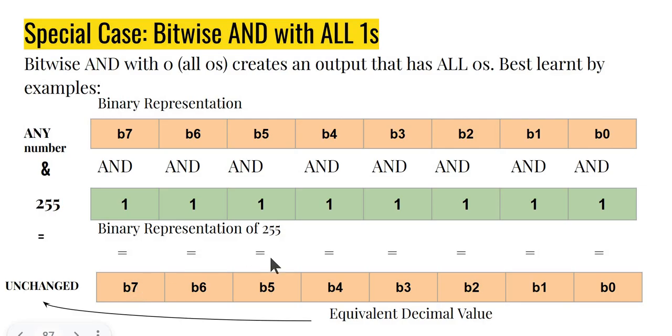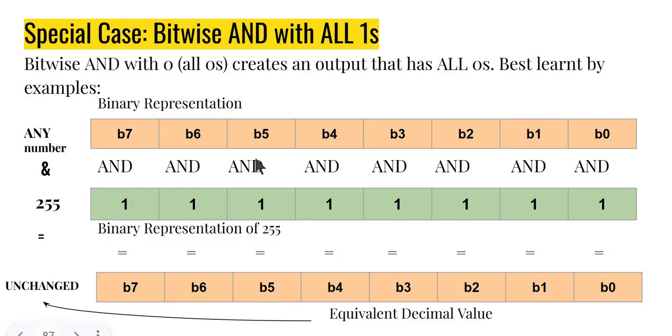Now, in practical scenarios, we can do a combination of this. I can do an AND with, say, 4 zeros followed by 4 ones. This is interesting: the output will have 4 zeros forced, and these 4 bits completely intact. We can generalize this.